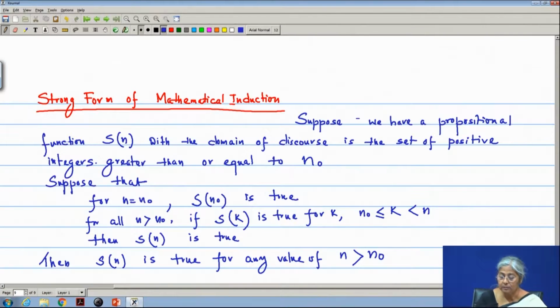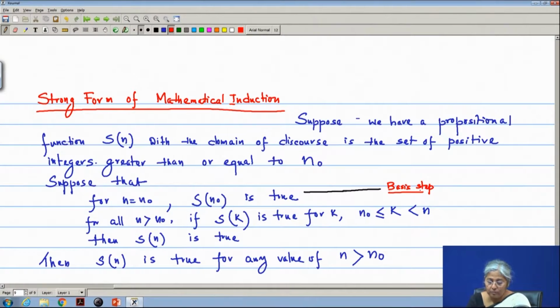Now, we first see the difference from the simple mathematical induction. So, first the basis step. We have considered the general value that n equal to n0. n0 can be 1, but we can also take some other value than 1.